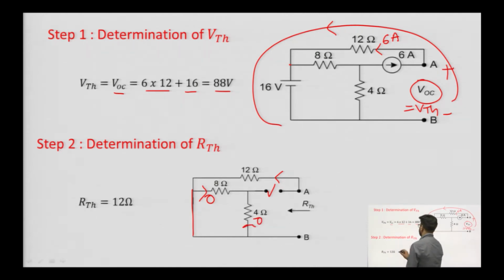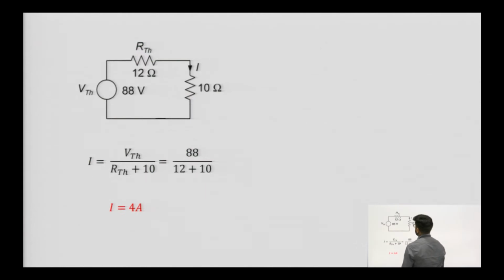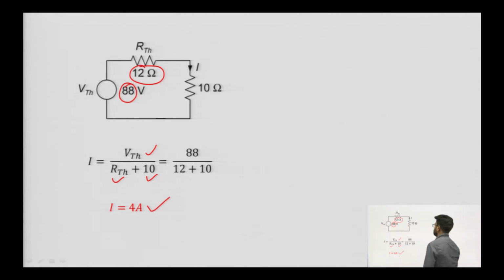We will get the value of RTH as 12 ohm. So, VTH is 88 volt and RTH is 12 ohm, and we can find the current across the 10 ohm resistor as VTH divided by RTH plus 10, which gives 4 ampere.